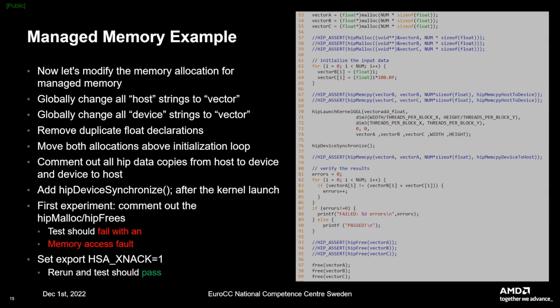Well, this eliminates all of that. And so what we're doing here in the first steps is we're going to change all the host and device strings to just vectors, so that there's only one pointer as far as we're concerned. And so we're going to take out half the allocations. We're not going to need any of the move statements. If you see over on the right, we've commented out a bunch of things.